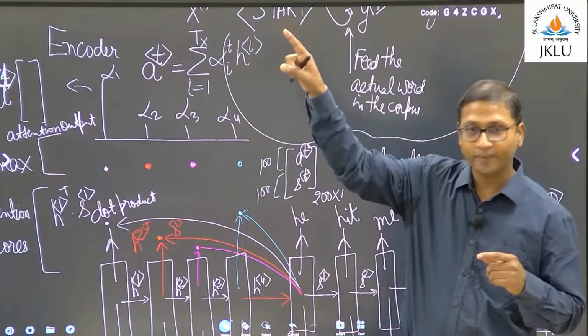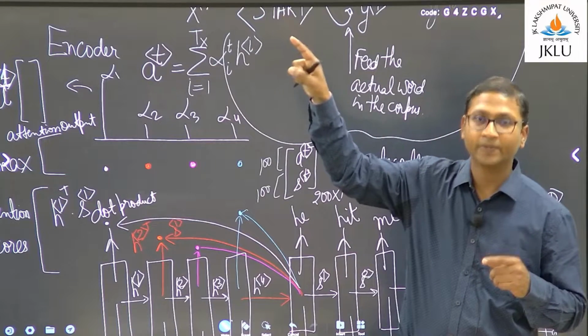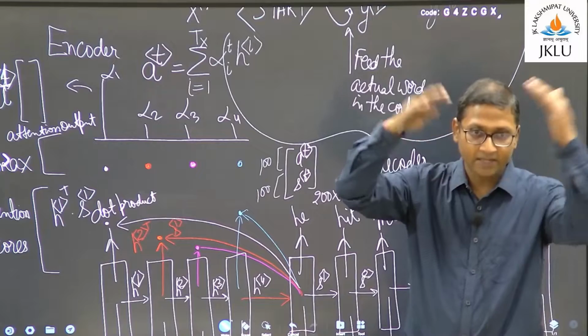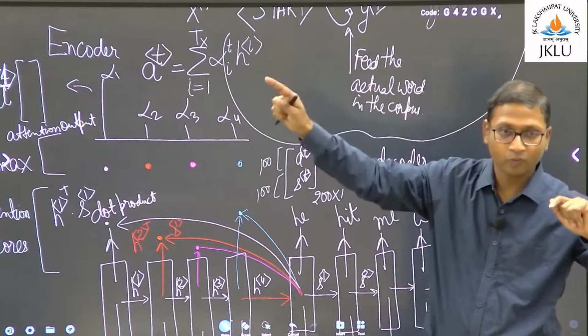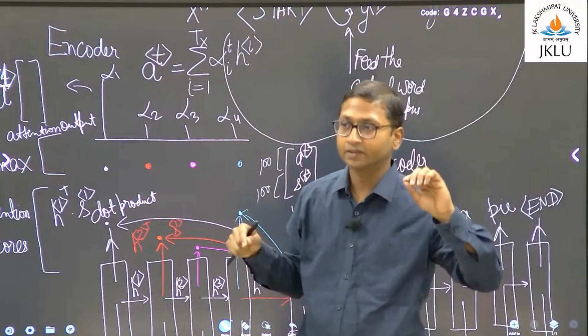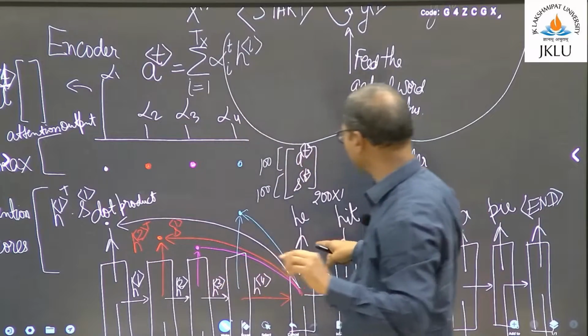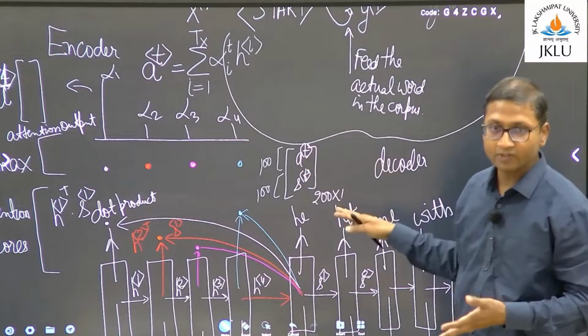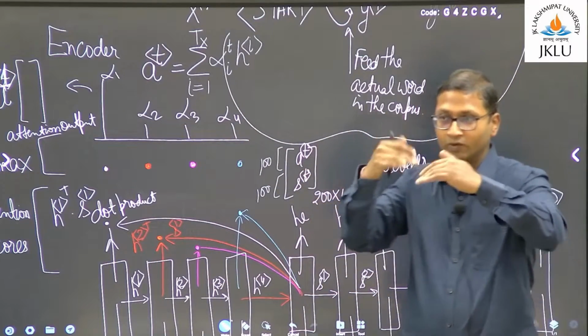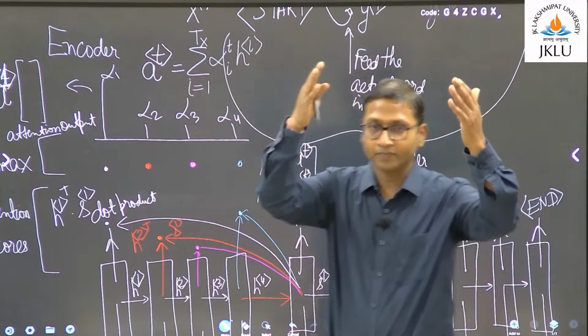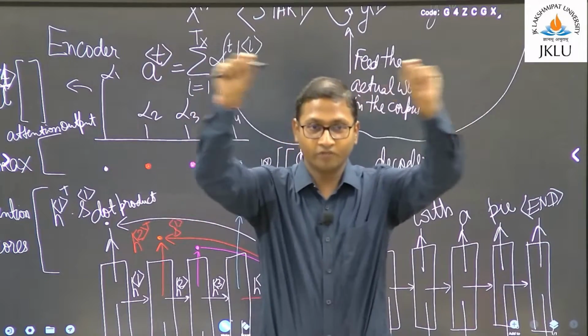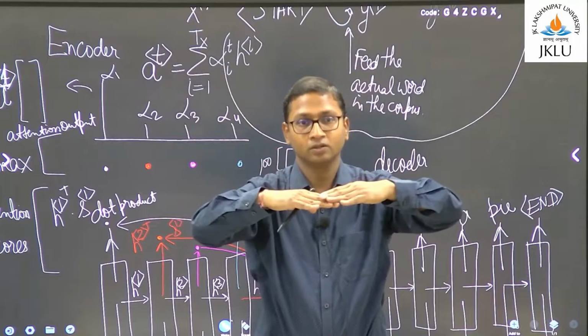Y hat is a softmax. I mean, the activation at this layer is softmax now because you want to get an output. And since we are generating, this is language modeling. So what will be the size of my output layer? Mod V cross 200.